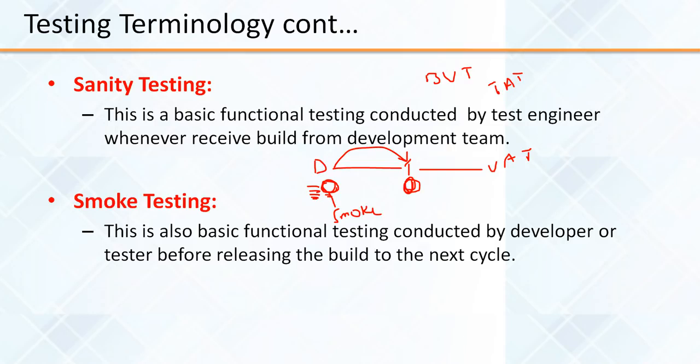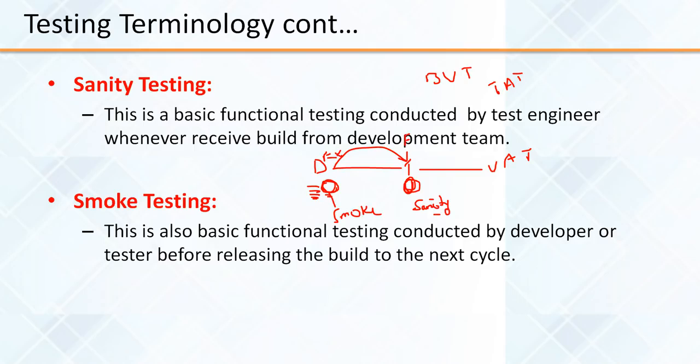Both are exactly the same; the small difference is that the developers conduct smoke testing before delivering the build to the next phase. For them, it is an exit phase. But for us as testers, this is the entry phase. At the beginning, as soon as we get the build from the developer, we conduct sanity testing.